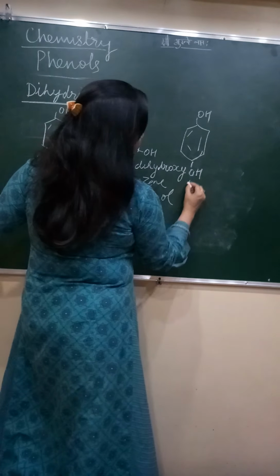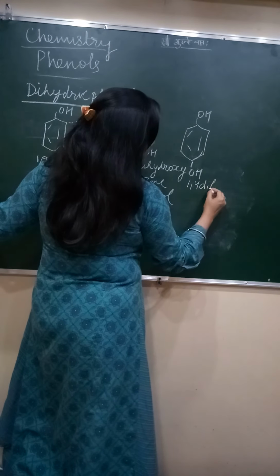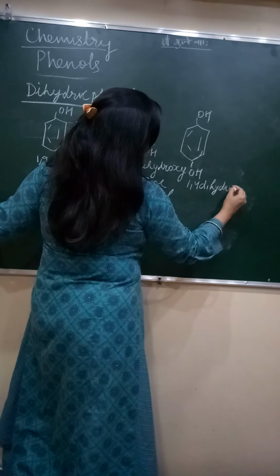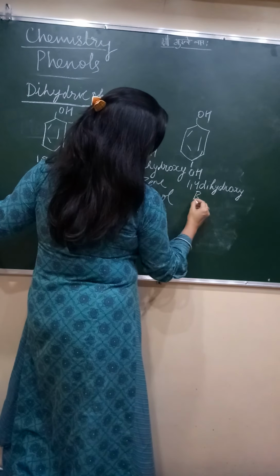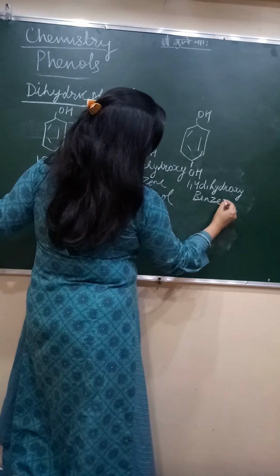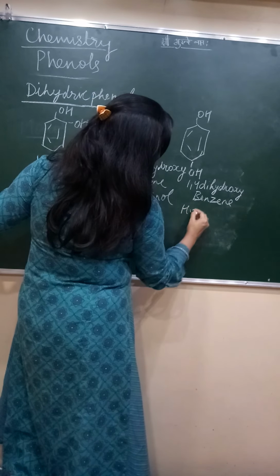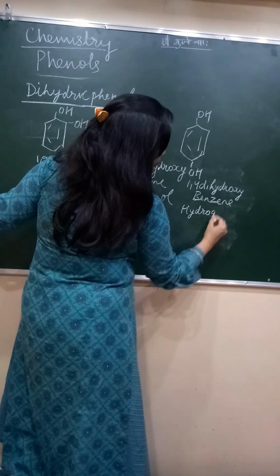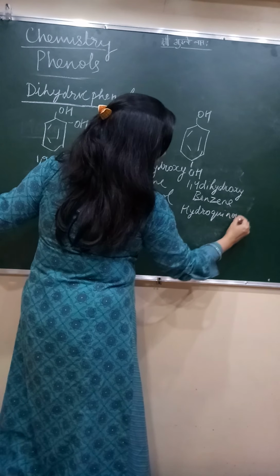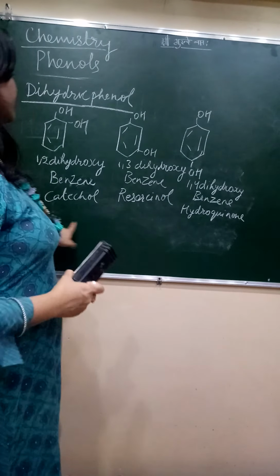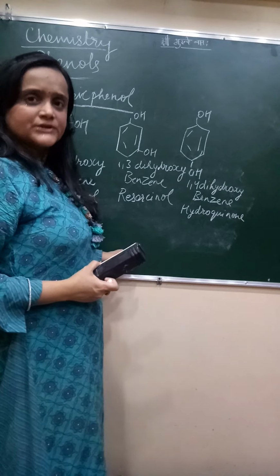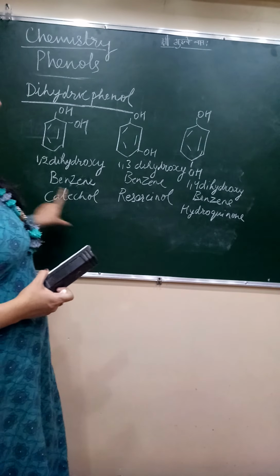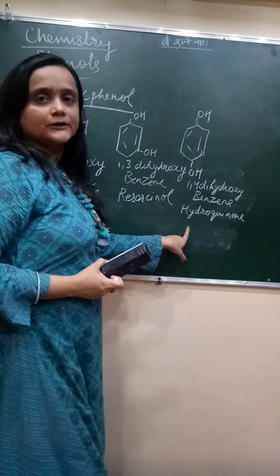It is called 1,4-dihydroxy benzene, or it is also called hydroquinone. So these are some very important structures: this is catechol, this is resorcinol, and this is hydroquinone.